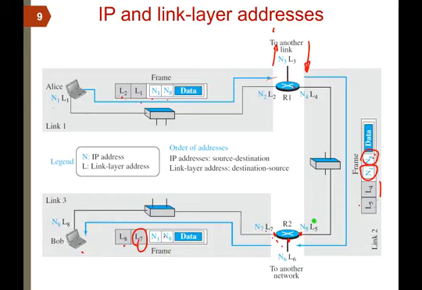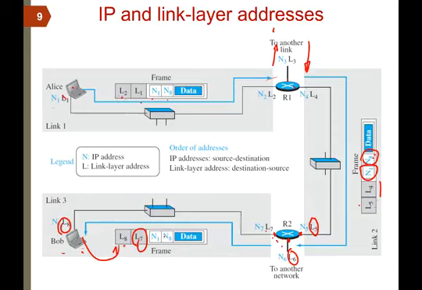Each one will have its own link layer address. So L7 was the source of this frame, and L8, the link layer address of this one, is the destination. This way you can go from Alice to Bob through all the intermediate nodes.